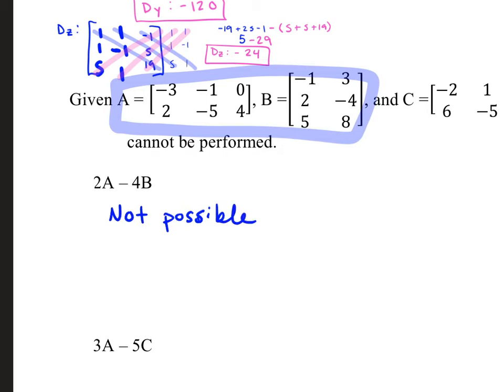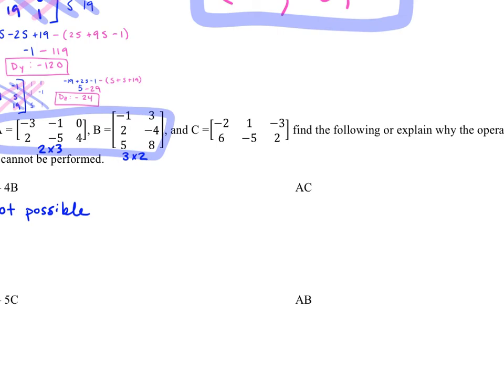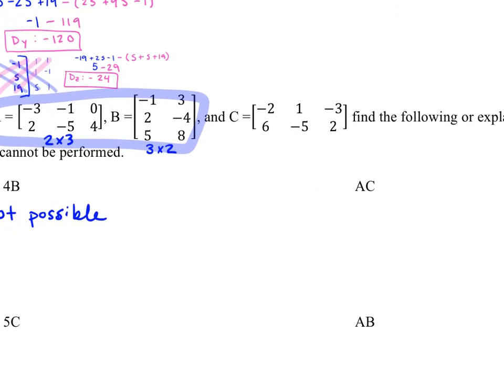What are the dimensions of matrix A? 2 by 3. What are the dimensions of matrix B? 3 by 2. All right, let's look at A times C. What are the dimensions of matrix C? 2 by 3.